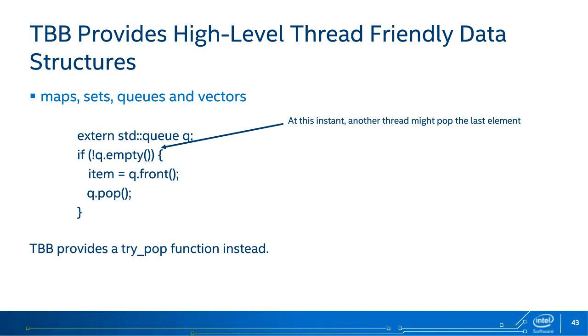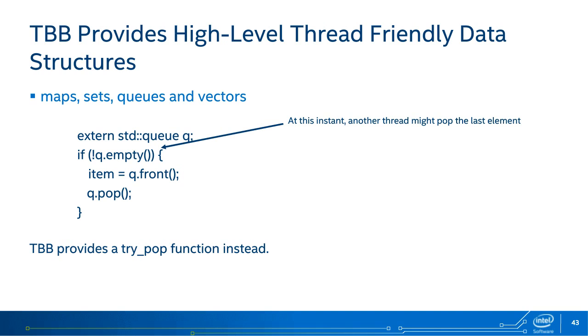So if any other thread was involved in looking at this same queue, it could come in the middle, for example, after the first thread has checked to see if the queue is empty. Another thread could come in and empty out the queue before the thread goes on to grab what it thinks is the front of a non-empty queue. So these lead to situations where you have to do locking and awkward things.